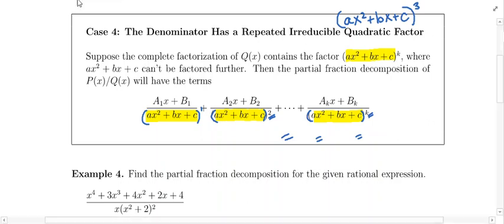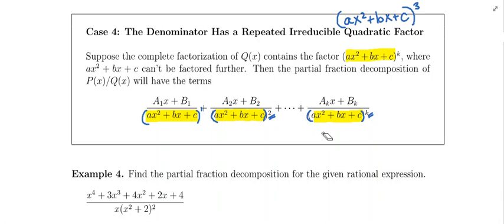As far as the numerators are concerned, remember the denominator is a second degree polynomial, so each of the numerators needs to be of first degree. So they're going to have the format Ax plus B. Again, if you have an irreducible quadratic factor that's repeated in your denominator, you can still have other things in your denominator.